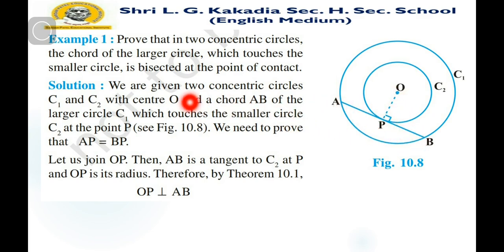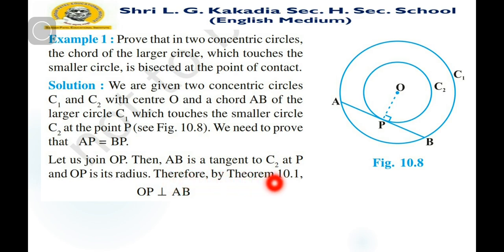We are given two concentric circles C1 and C2 with center O and chord AB of the large circle C1 which touches the smaller circle C2 at the point P. We need to prove that AP is equal to PB. Let us join OP. AB is a tangent to C2 at P, as you can see from the figure, and OP is its radius.